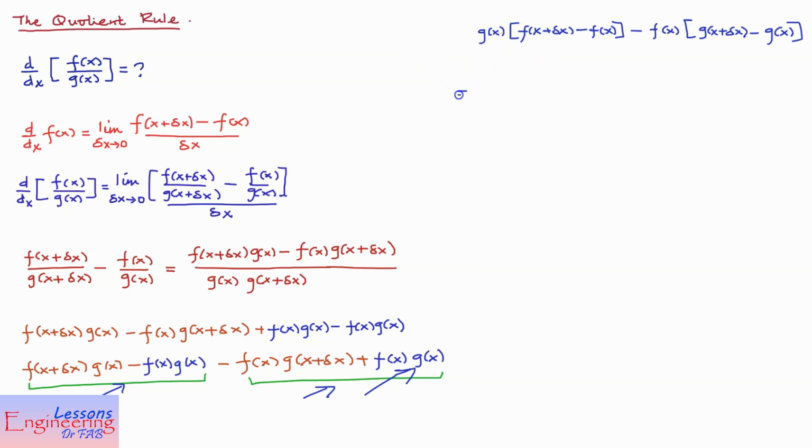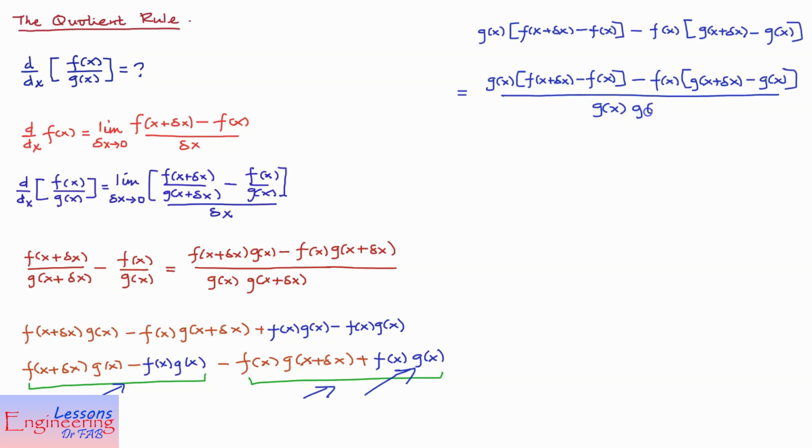You'll have that equals g of x times f of x plus sigma x minus f of x, minus f of x times g of x plus sigma x minus g of x, the whole over this expression, which is g of x times g of x plus sigma x. Okay.